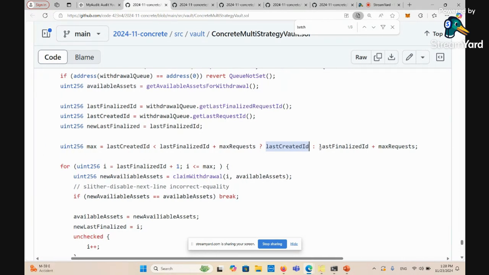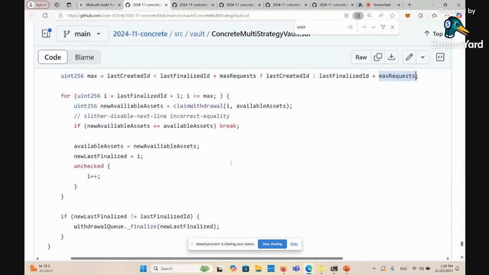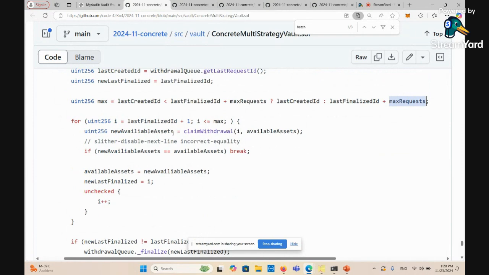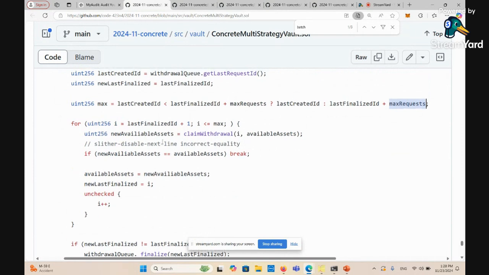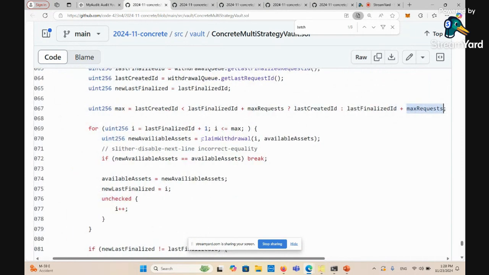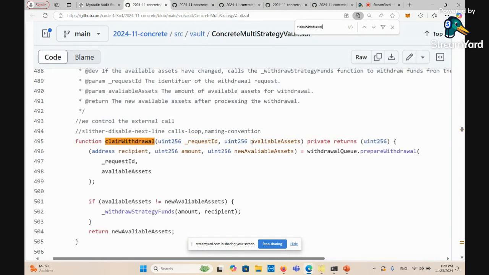Otherwise, the last one is going to be the last finalized request ID plus the number of requests we ask for from the user. So, for example, let's say max request is 3, and the last one is 100. Then the last final ID will be 103. So you iterate through all of these requests one by one, and then you just call claim withdrawal. Okay, let's look at what claim withdrawal is doing.